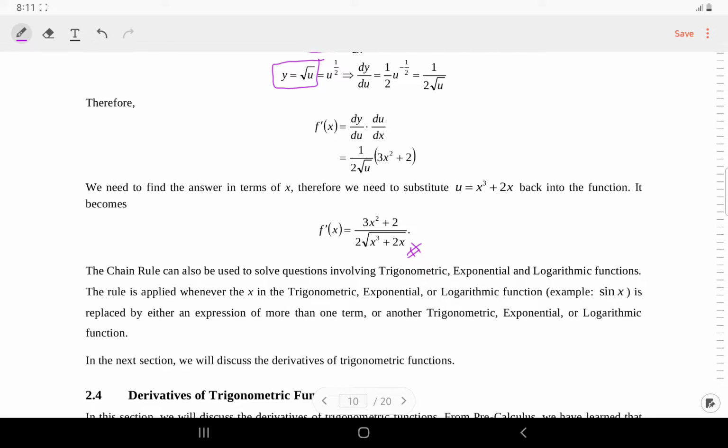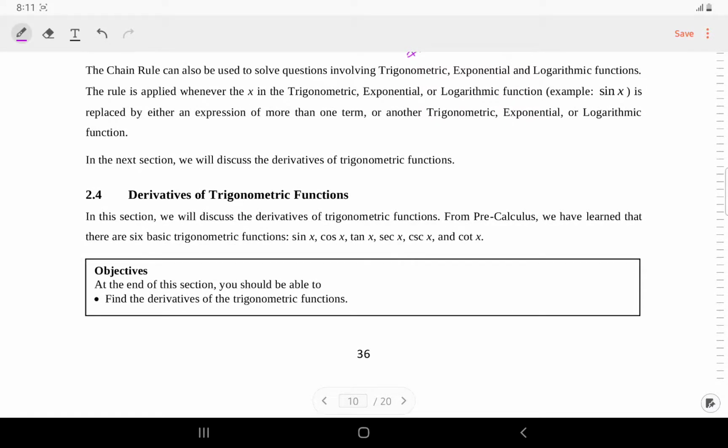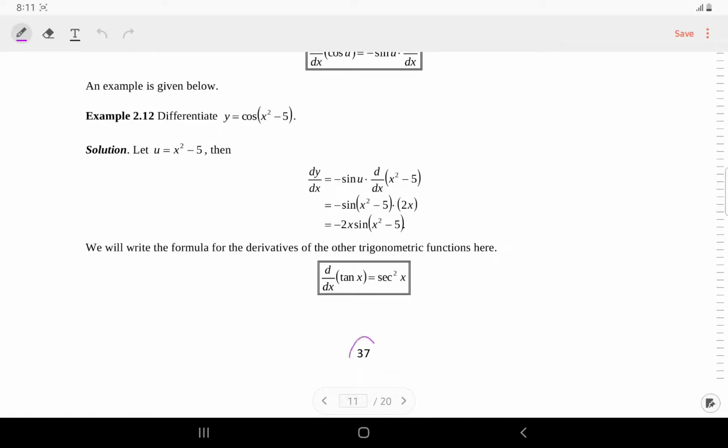Okay, so kita terus pergi ke subtopik seterusnya, how to differentiate trigo function. Okay, this is page 37.